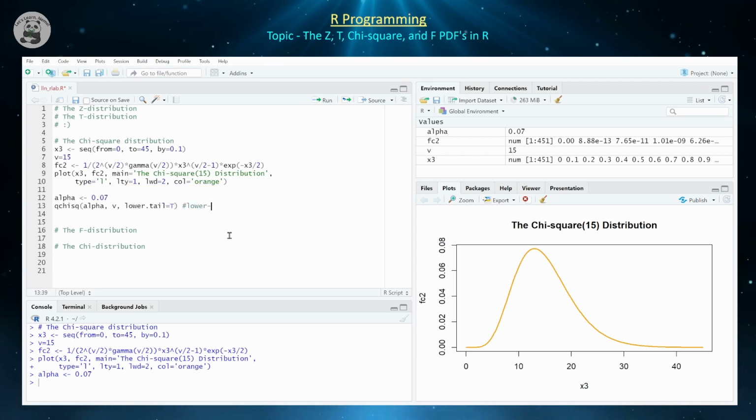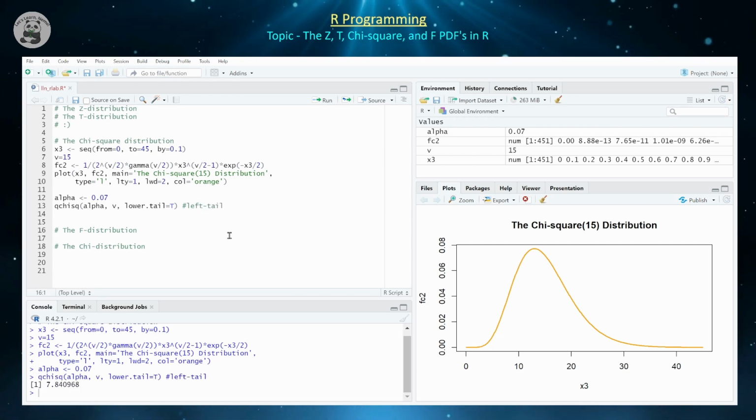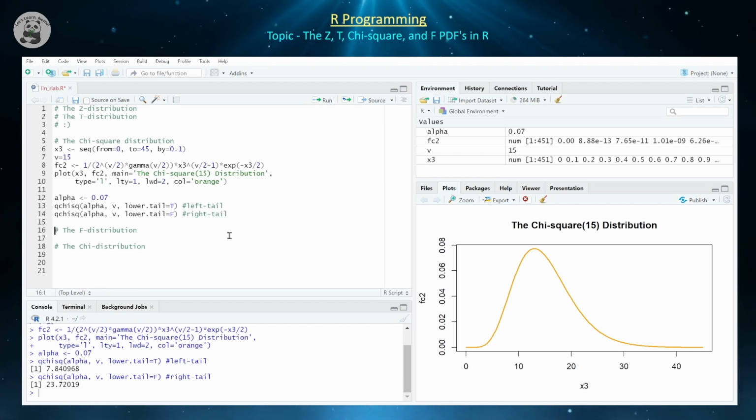So this is going to be our lower tail or our left tail critical value, which is again always going to be positive because chi-squareds can't be negative. Then we're going to have qchisq, and then alpha, nu, and then lower.tail equal to FALSE. This is going to be our right tail or one-tailed right critical value. Keep in mind the chi-squared is not symmetric, so do not be surprised that you do not see any symmetry between these numbers.